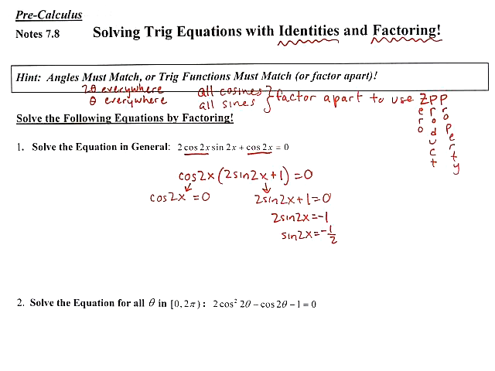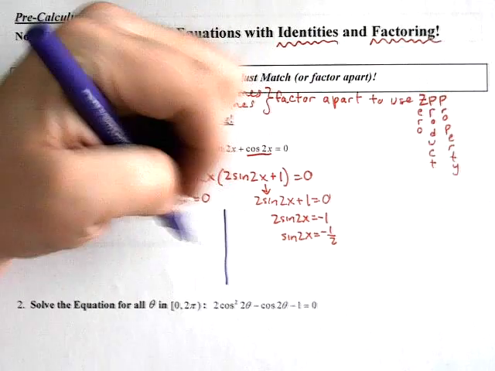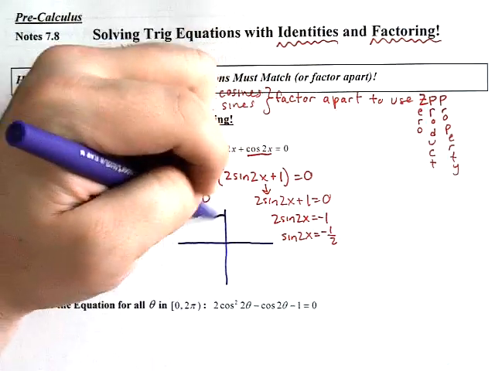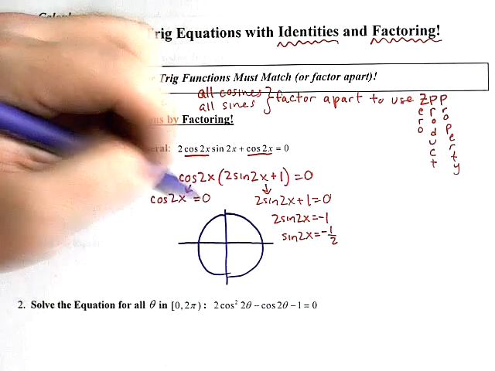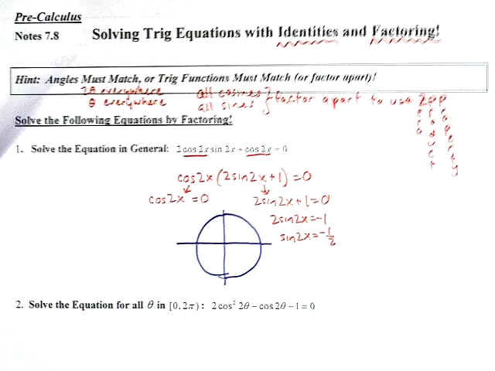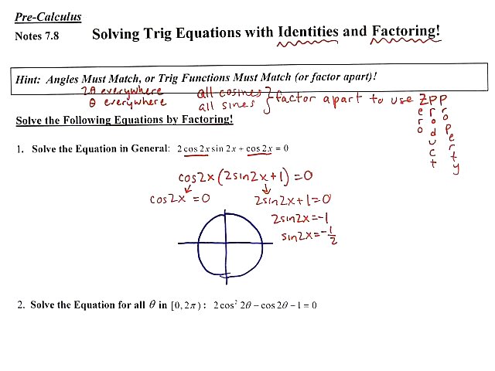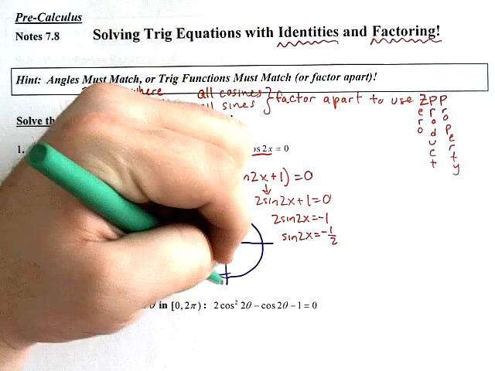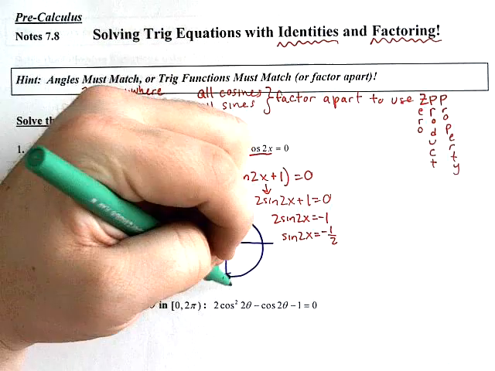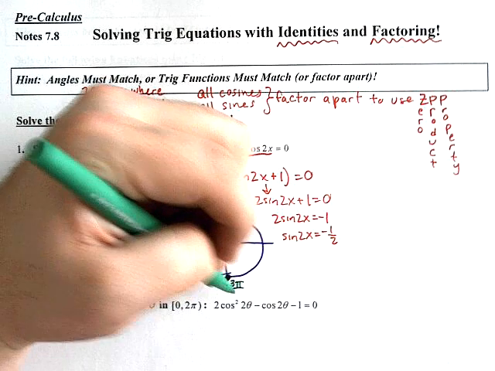So let's do it. I want to sketch a unit circle. Cosine 2x equals 0. Well, that's in 2 places. My x value is 0, straight up at pi over 2. It's also down here at 3 pi over 2.